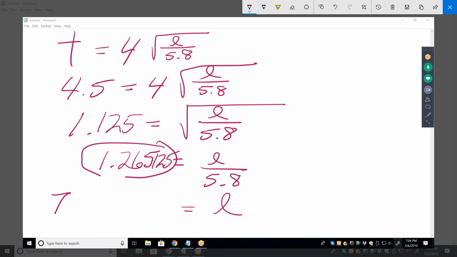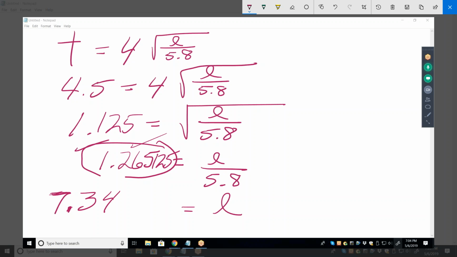That's what she's requesting you do: do not round off, and multiply that answer by 5.8. That way you can multiply the full answer. You don't have to do any rounding. So, 7.340625.